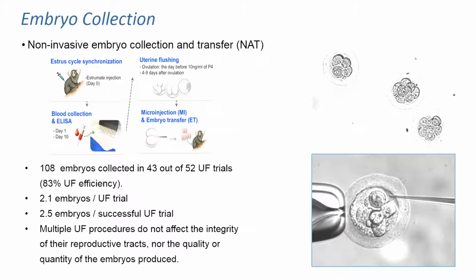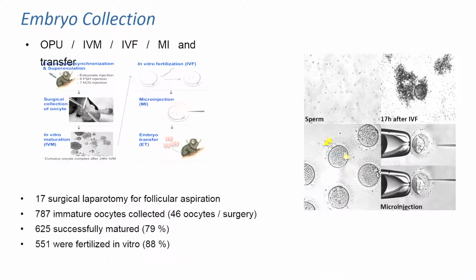These are examples of these embryos that we collect and then do the viral injection at the embryonic level here. We can also do surgery and collect unfertilized oocytes that we then use for in vitro fertilization and collect these embryos.